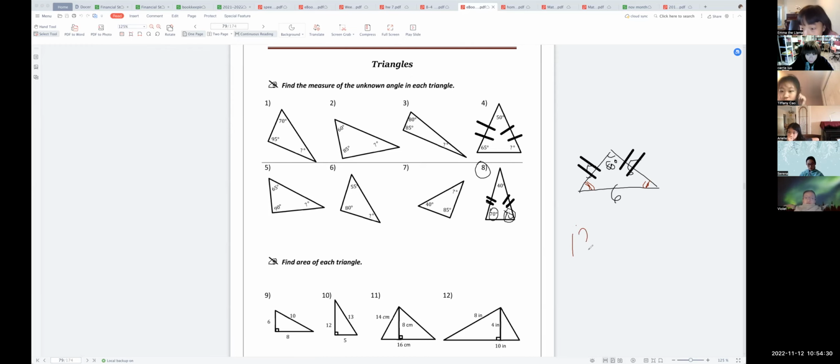So 180 minus 80 equals 100 degrees, right?